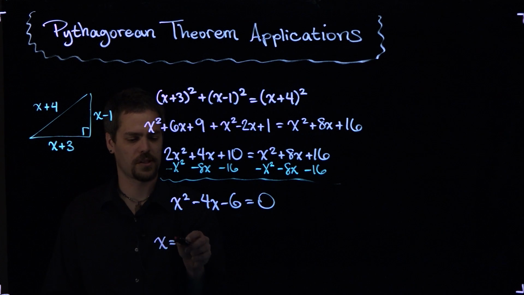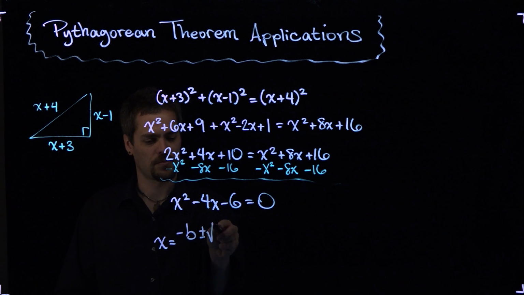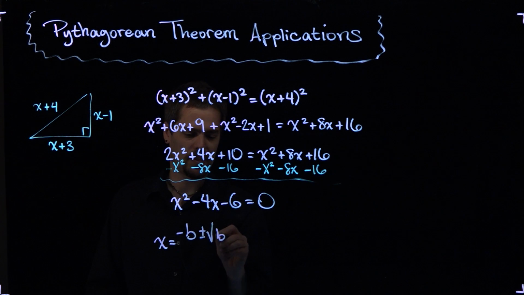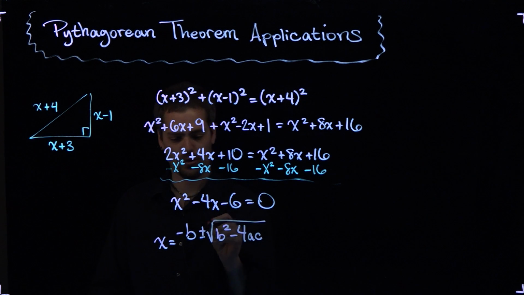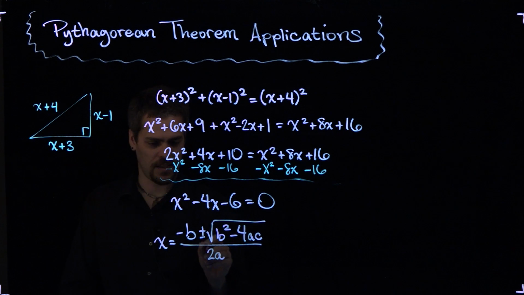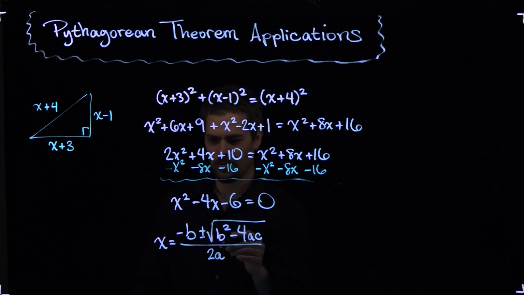And recall, the quadratic formula is x equals negative b plus or minus the root of b squared minus 4ac, and all of that is over 2a. And this is related to the standard form quadratic equation, which looks like what we have above.